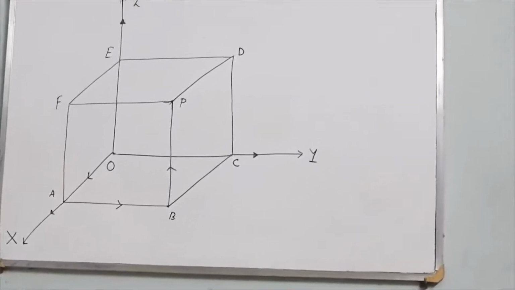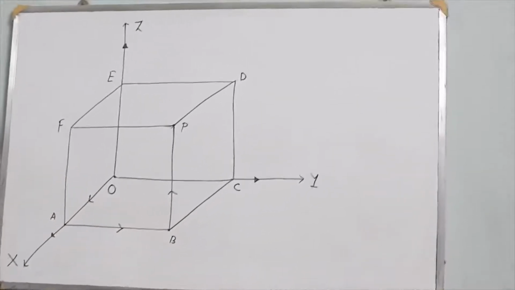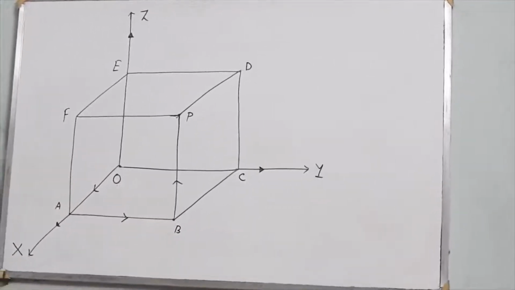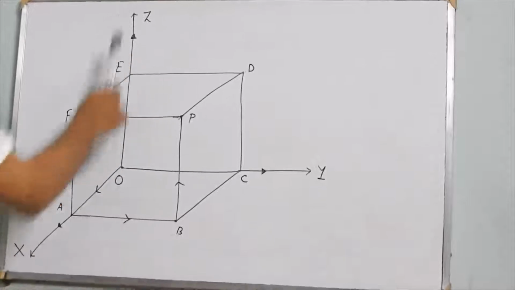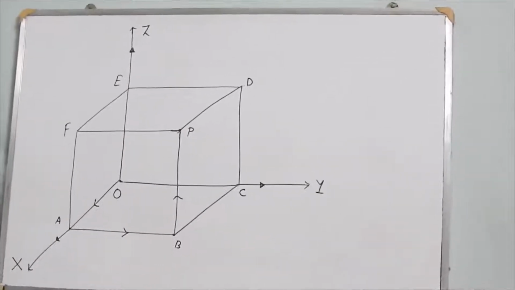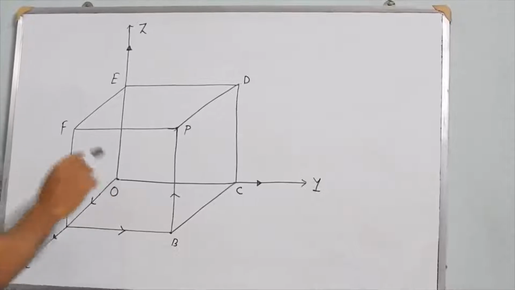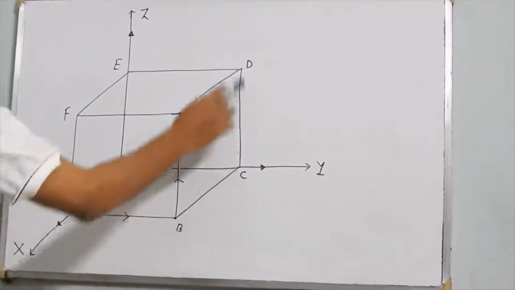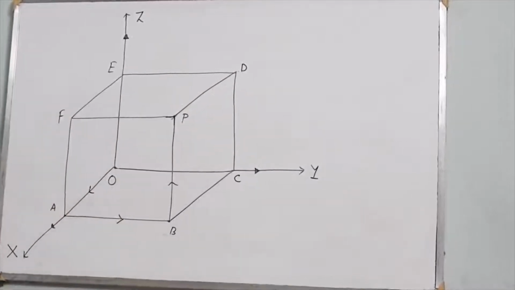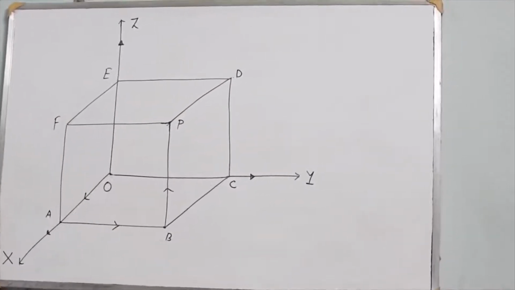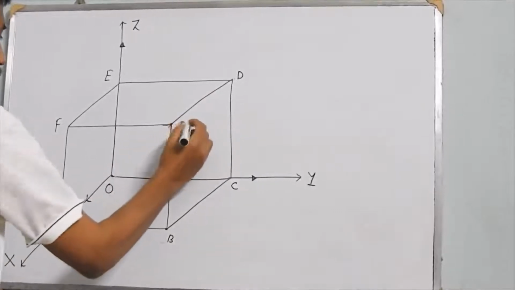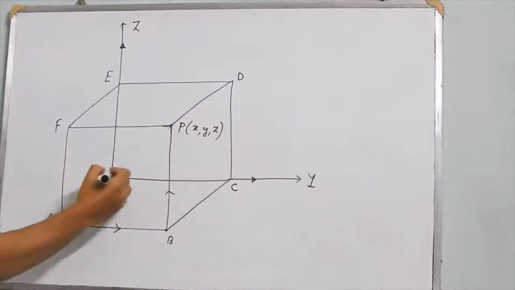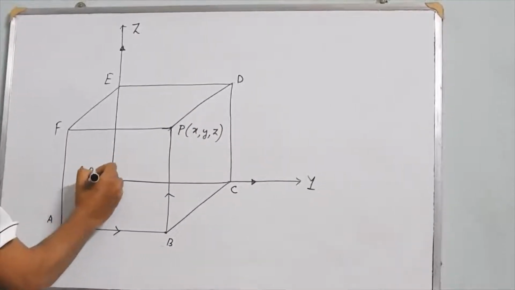We continue our discussion of resolution with respect to the 3-dimensional space. Suppose you have 3 axes, the y-axis, the z-axis and the x-axis, and the origin is at the point O, and I have constructed a cuboid with vertices A, B, C, D, E, F and P. Suppose the point P is a point in space with coordinates x, y and z, and the origin definitely has coordinates 0, 0, 0.